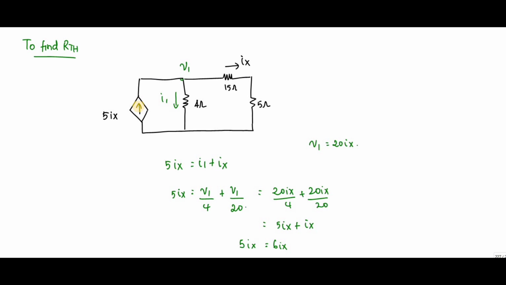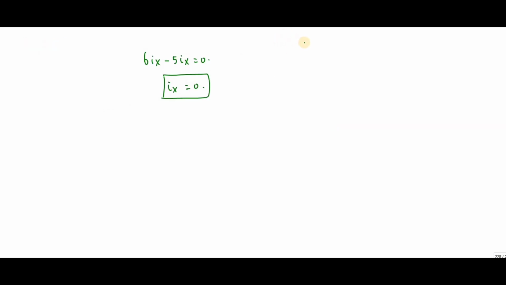So in this case you can't find the RTH and VTH and all, because we know that RTH is equal to VTH divided by ISC.